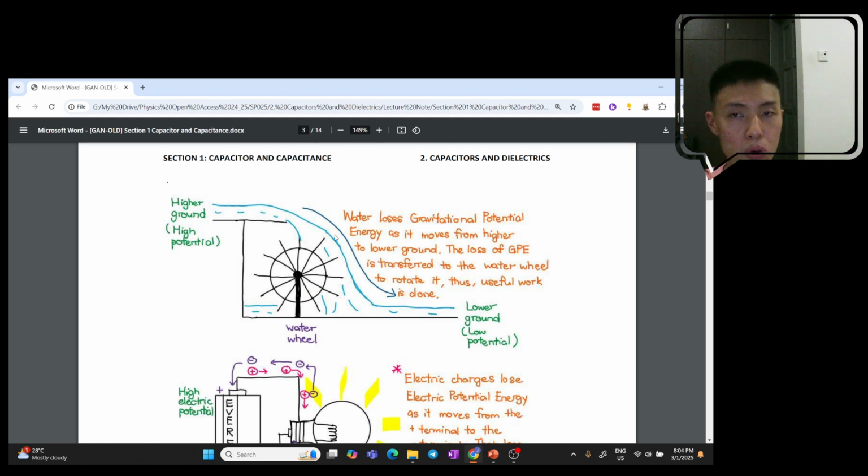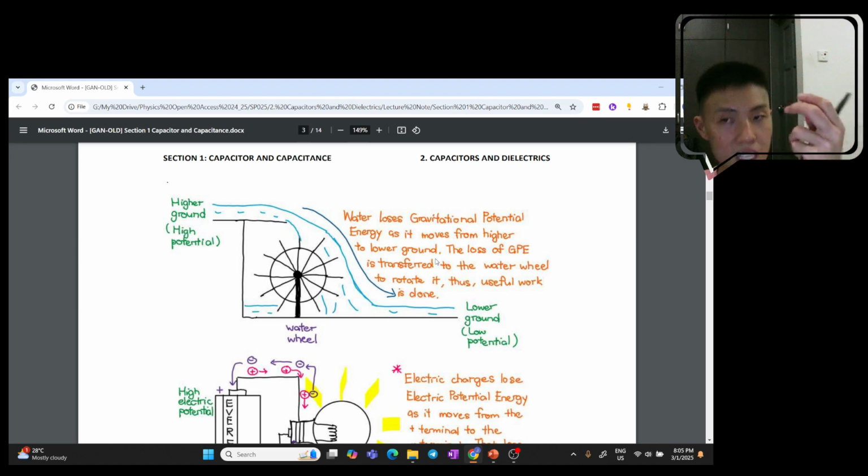But when it flows downward, the h decreases, so the potential energy U = mgh will also decrease. So when the water flows down, the water loses gravitational potential energy.